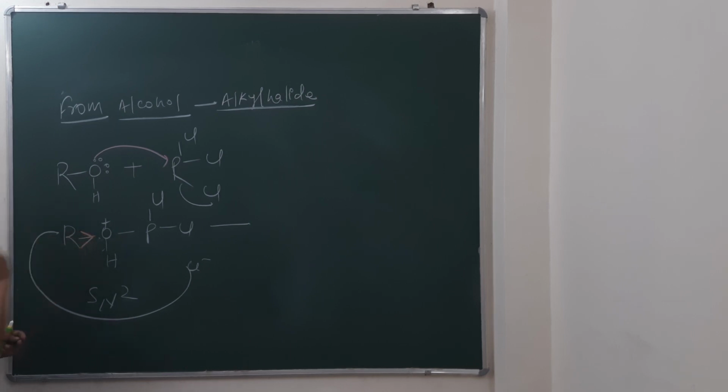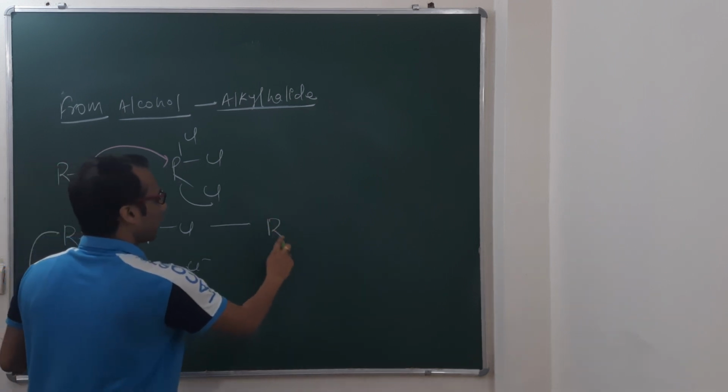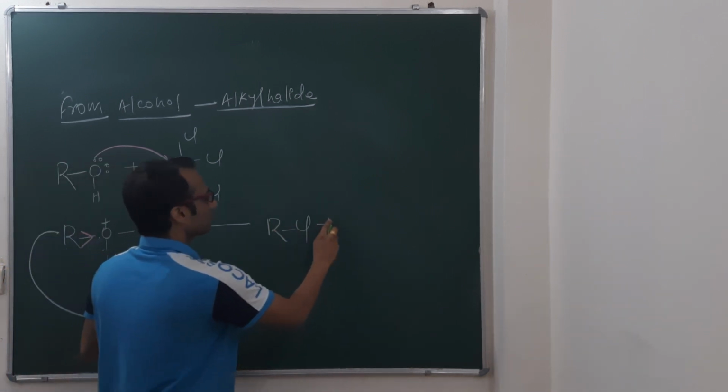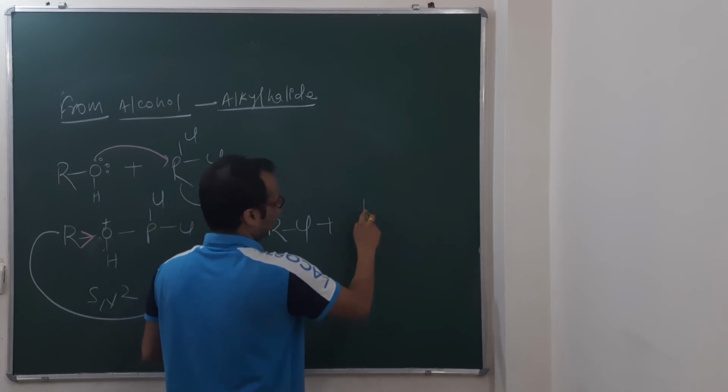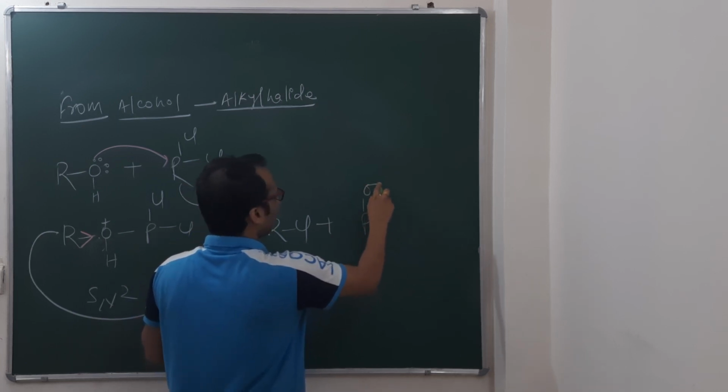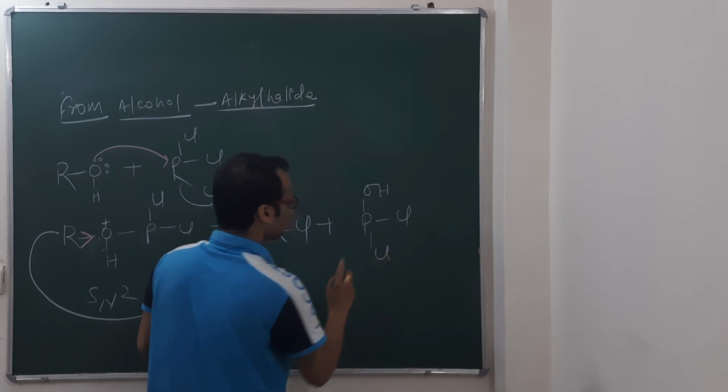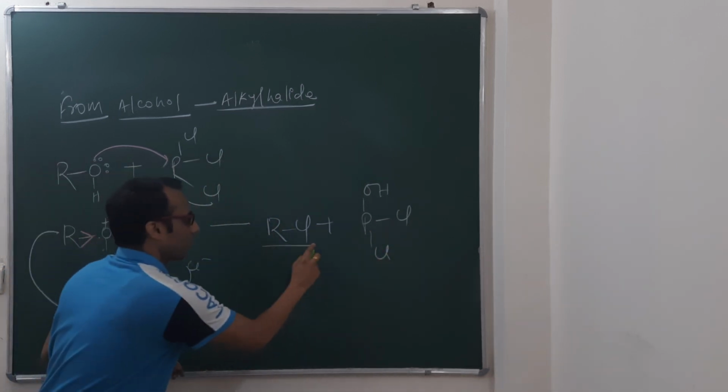That means carbon will donate electrons. Now the chlorine will attack the alkyl group because this is the softest target, the only atom where it can attack, because oxygen is more electronegative. So RCl will form, plus P, OH and Cl, Cl. So alkyl chloride is formed.